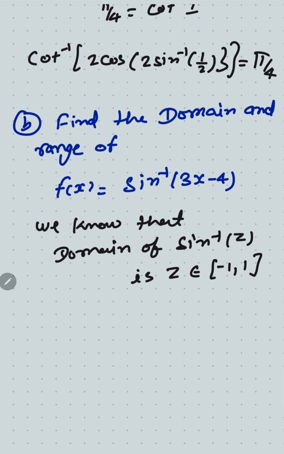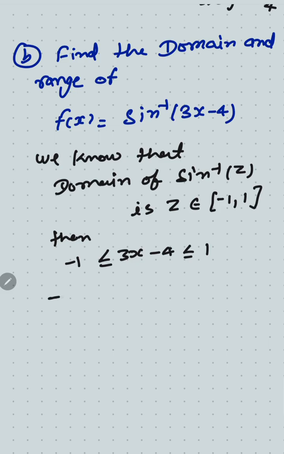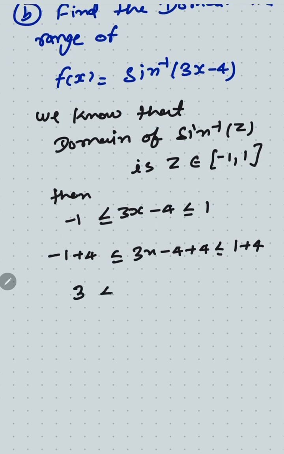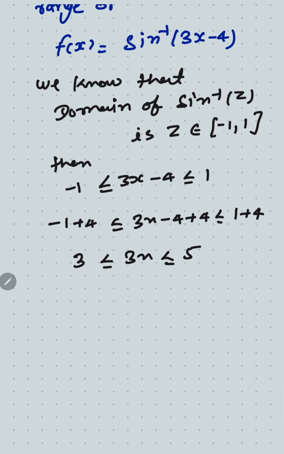Then 3x - 4 will be between -1 and +1. On both sides I will add 4, and 3x, that will be, there are 3, and that is 3x and 5.